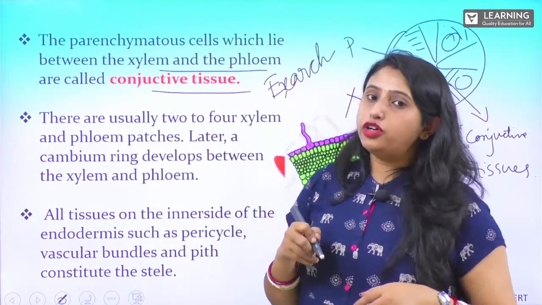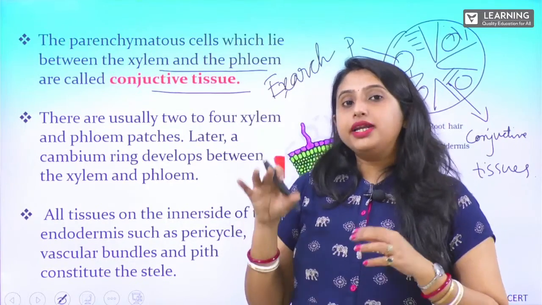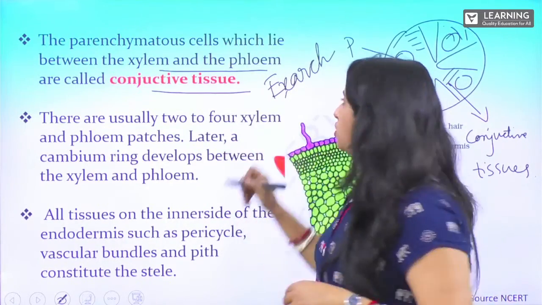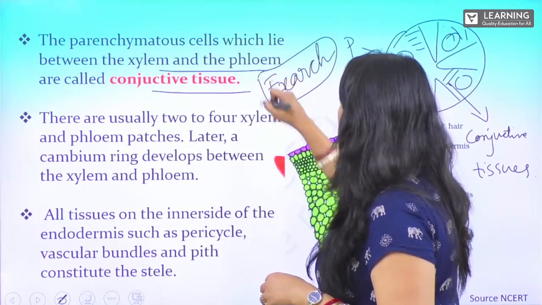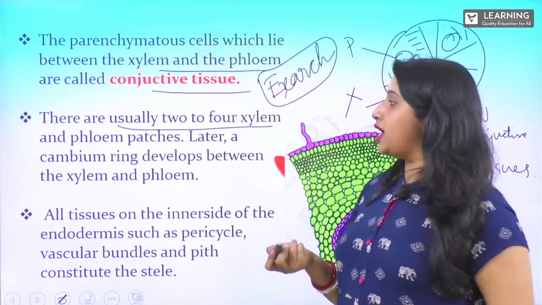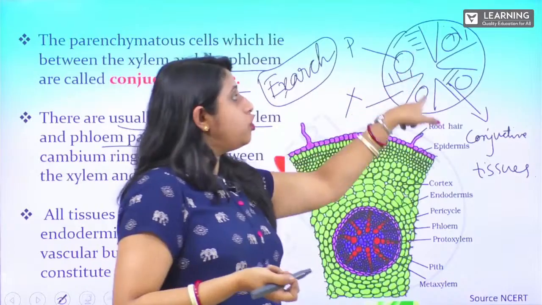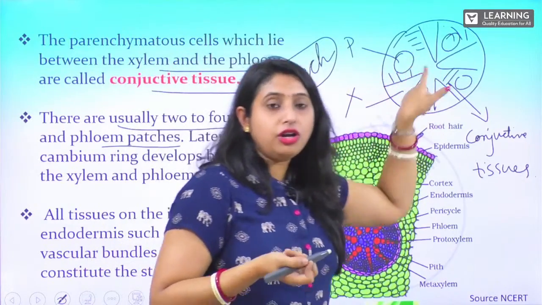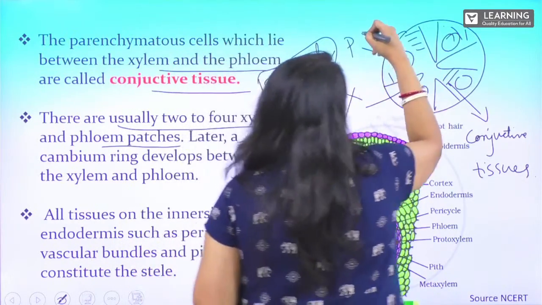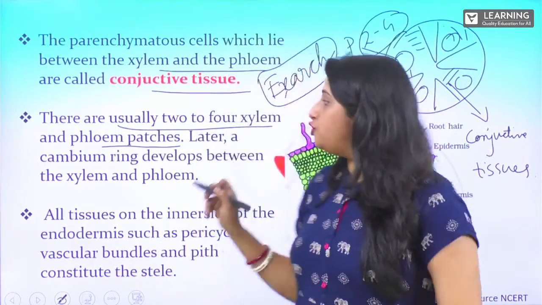So in a dicot root, the protoxylem is outside whereas the metaxylem lies inside, and this condition is called exarch. There are usually 2 to 4 xylem and phloem patches in dicot roots.